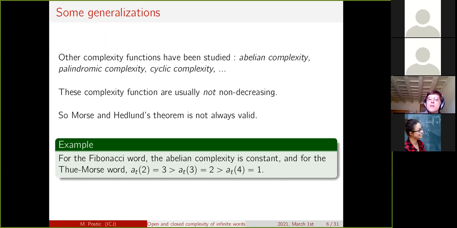And if you compute the abelian complexity of the Morse word, you find that there are 3 different blocks from an abelian point of view of length 2, only two different factors of length 3, and only one factor of length 4 from an abelian point of view.